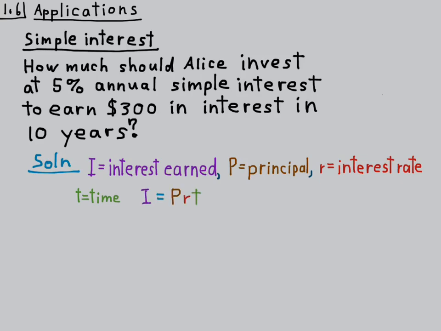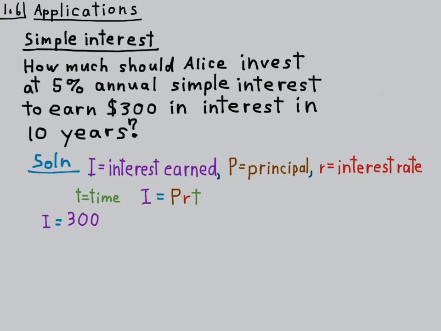And the formula is I equals PRT. One way to remember that is just remember I is Purdy. Okay, I equals PRT. It's the principal times the interest rate times time.